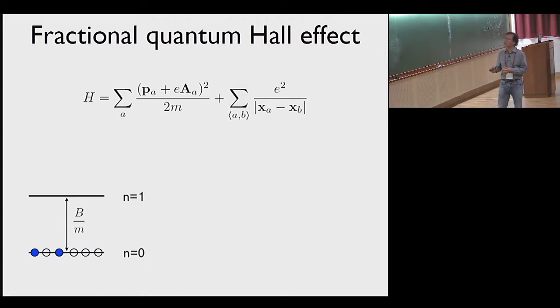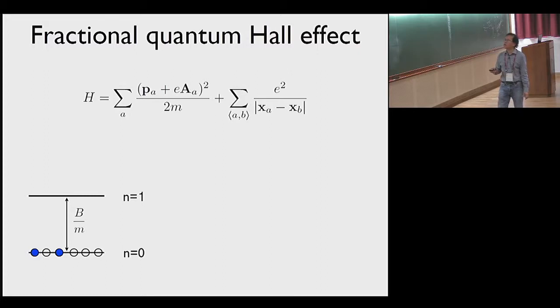The states of a single particle are organized in Landau levels. And the fractional quantum Hall effect appears when the number of electrons is, for example, smaller than the number of states that can be accommodated in the lowest Landau level. In that case, the problem has 2 energy scales.